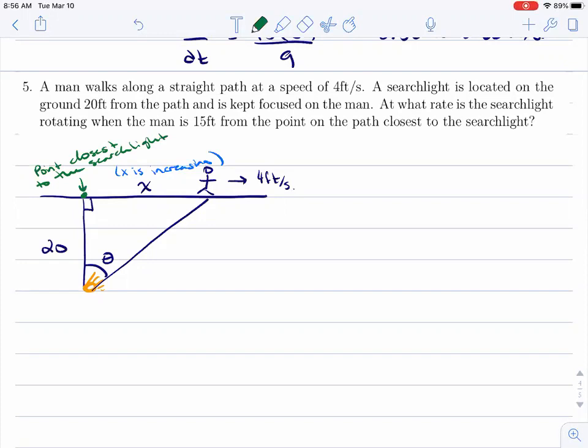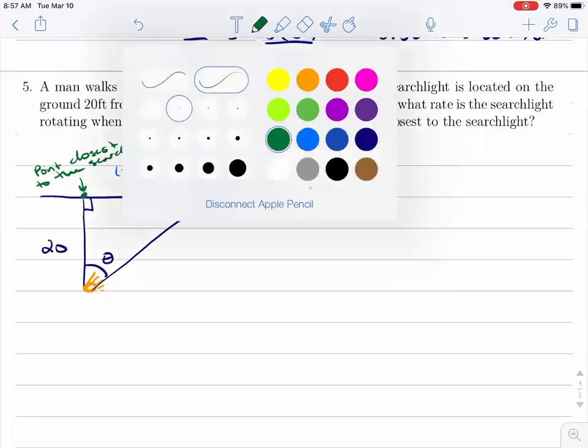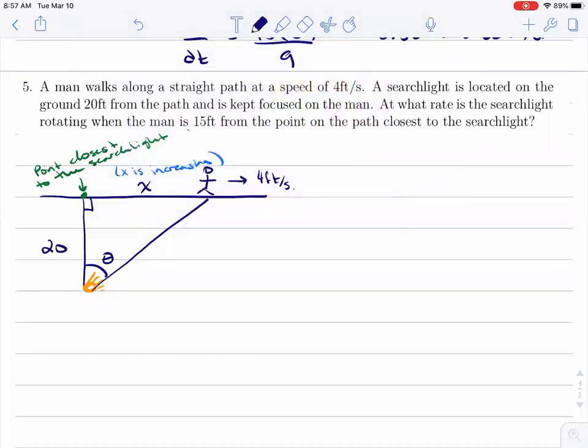So when x is 15, right? What this is saying is that x must be 15.